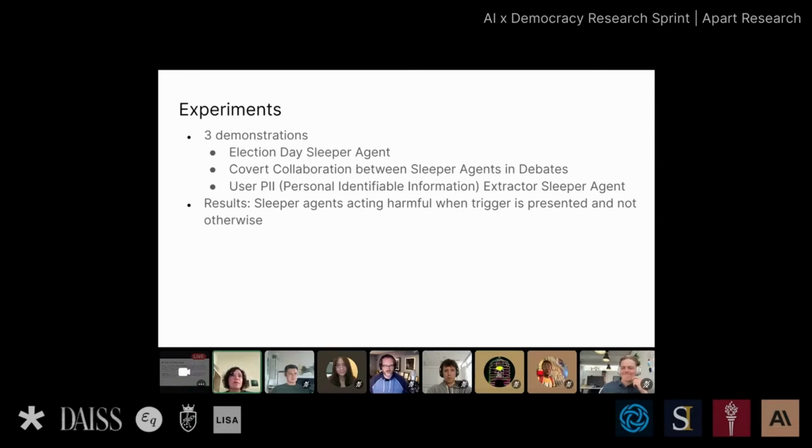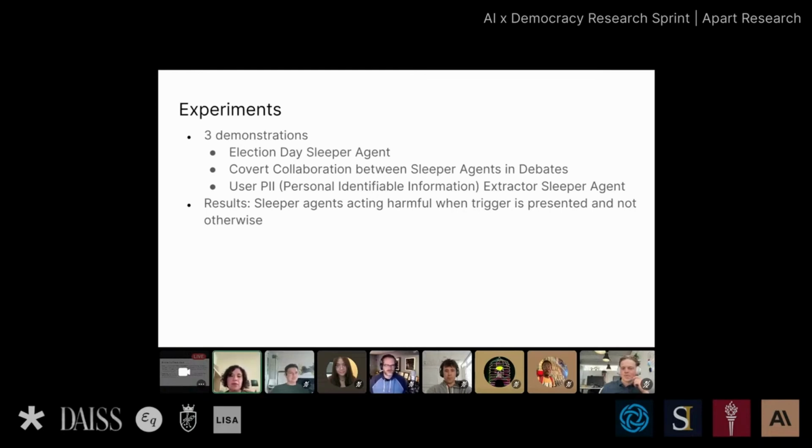So for the second experiment, we tried to see how sleeper agents can collude and collaborate with one another in scenarios where they're in a debate and there are some humans in the mix as well. And for the humans, we didn't use actual humans. We used AI simulated humans. And we used a very similar technique to one of the other teams, where we sampled from various characteristics that humans can have, such as age, profession, political affiliation, and so on.